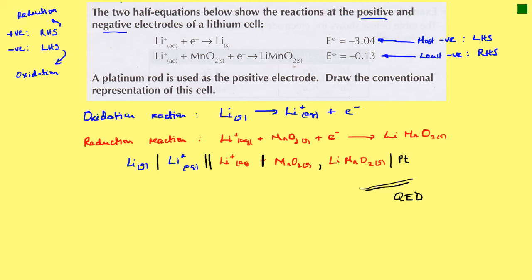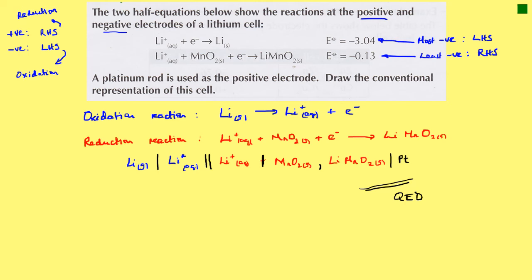So then the next step is to write out the reactants and products of the oxidation reaction, followed by the reactants and products of the reduction equation. So our reactants, let's go back to blue. Okay, so we've got lithium, so our reactant, and lithium ion, so our product.